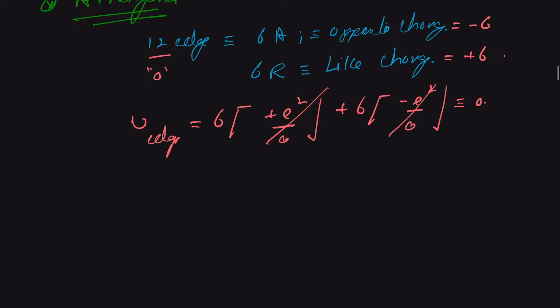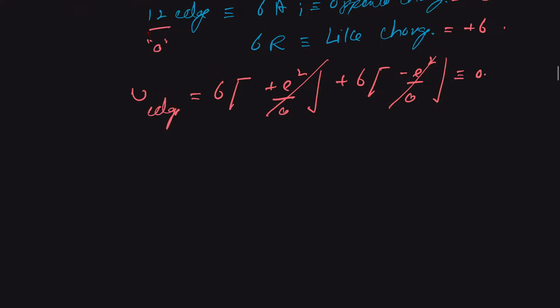And then we have the opposite vertex contribution, so we can say we have 3 pairs of opposite vertices, and they are repulsive.